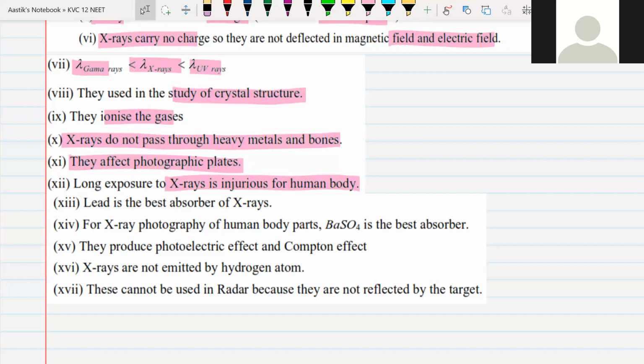Abhiram, let's wait for others to do. Have you noted down till point number 12? Yes, sir. What is happening?